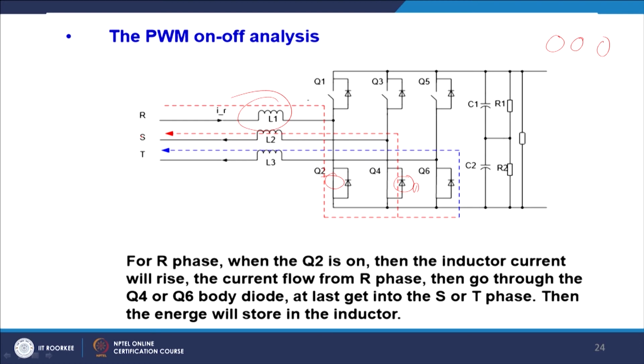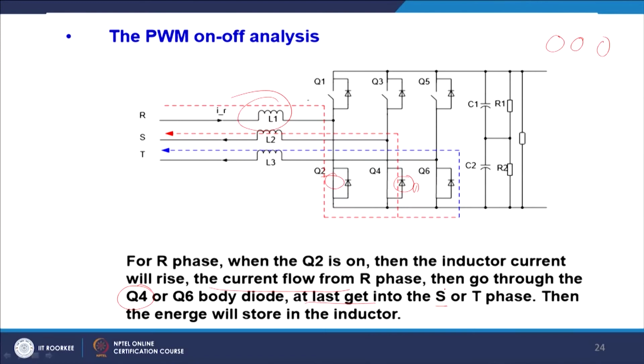For example, for phase R, when Q2 is on, the inductor current will rise, and the current flows from the R phase through the Q4 body diode at least. But if you have an IGBT, generally it is not a body diode; the manufacturer physically puts an anti-parallel diode, at least to get the S and T phase.